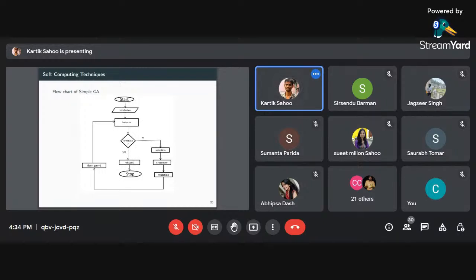If it is met, then we have found our desired solution. If not met, then we do selection, then crossover, then mutation, and accordingly we evaluate our objective function and do this loop again and again to find an optimal solution.